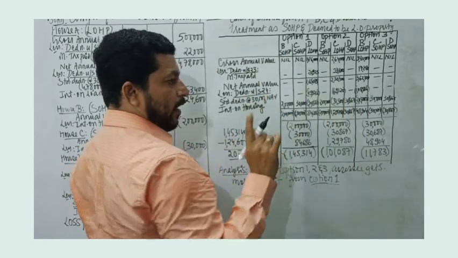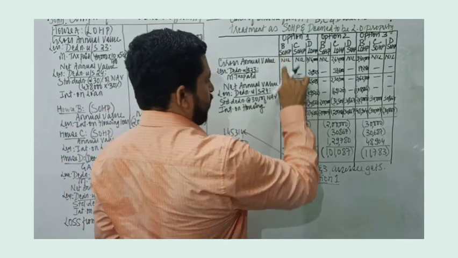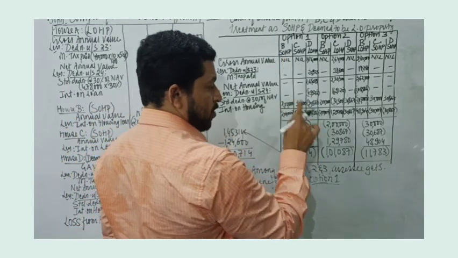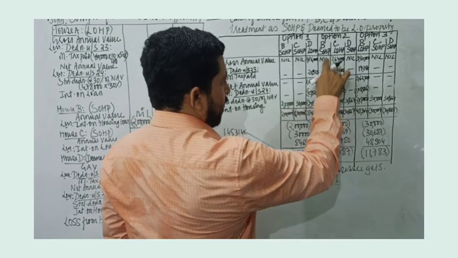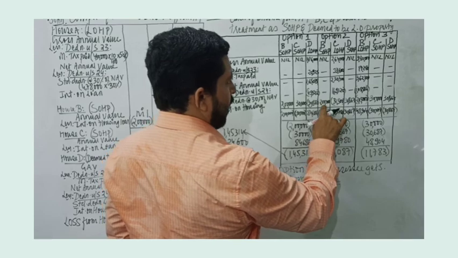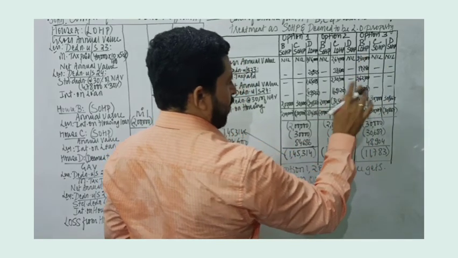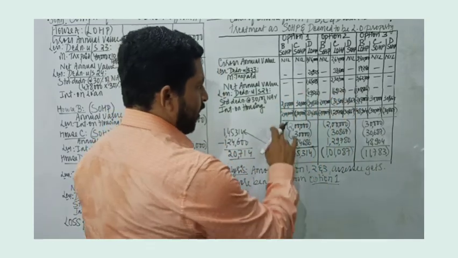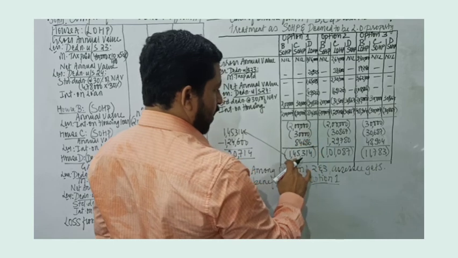For house B, the interest on loan paid is 2,05,000, but since it is SOHP, the maximum deduction for purchase or construction is 2 lakh rupees. So you have kept 2 lakh over here. Again here house B is self-occupied, so 2 lakh, and since here it is let out house property, the entire 2,05,000 is deductible.